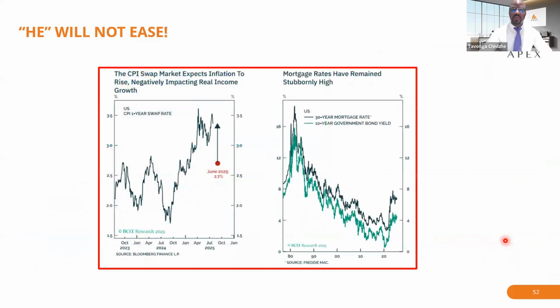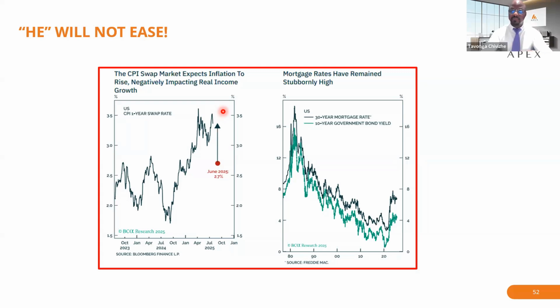And then if you look at it from an inflation perspective, the tariff story means that the CPI swap market is now expecting inflation to increase from 2.7% to almost 3.5%. That's almost a 100 basis point increase, I think it's about 80, which is not a small number, but all it means is that it's going to make it very difficult for the Fed to cut rates.